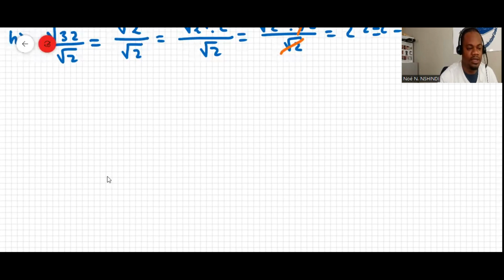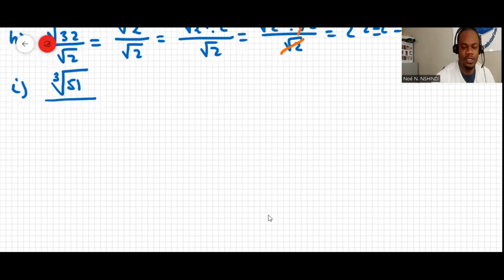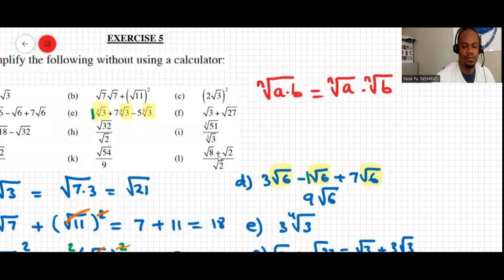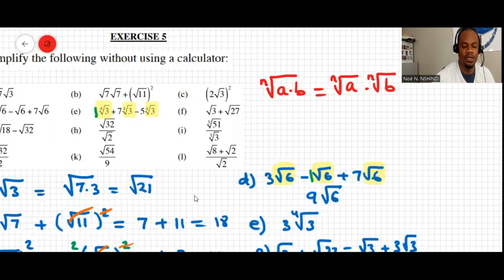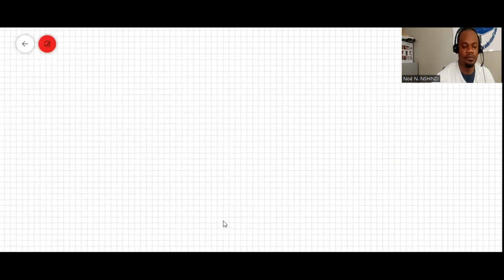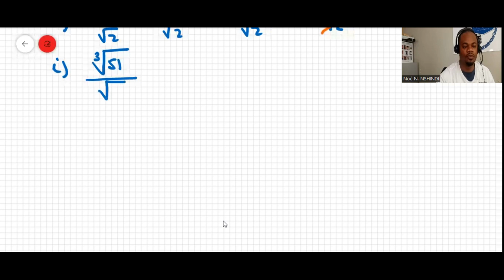What is actually question I? Question I is cube root of 51 over cube root of 3.